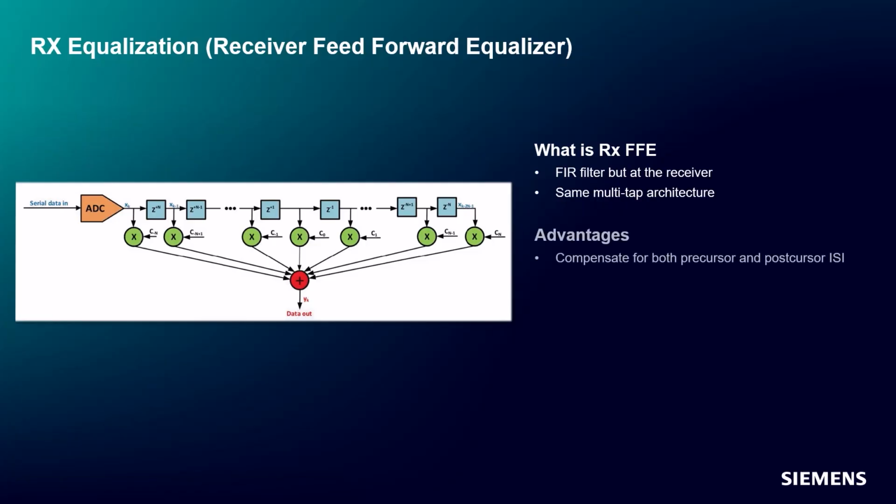One key advantage of the RxFFE is that it can compensate for both precursor and postcursor ISI. This makes it more flexible than a DFE, which can only remove postcursor interference. However, because it is a linear filter, it also shares the same limitation as CTLE, which means it can amplify noise along with the signal.